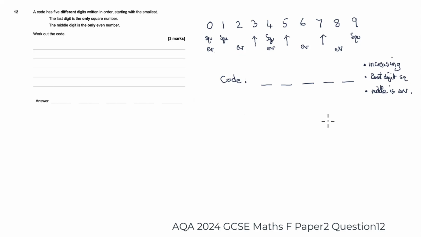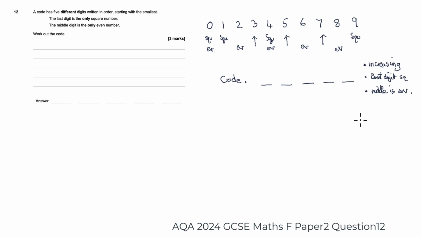So we'll start looking maybe at the last digit, because we've got very few square numbers, 0, 1, 4 and 9. And let's start out with 0. I'm sure you can see why we cannot have 0 there, because we can't have any numbers in here because the numbers are all increasing. Likewise, we couldn't have a 1 there.